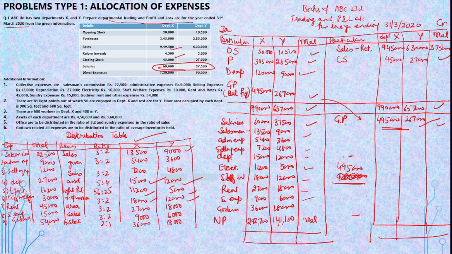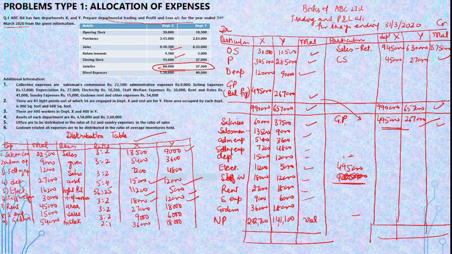What we are going to do is take up the same format as we know. The only thing is that the expenses which are common among the departments, we have to distribute them on some suitable basis. To know the basis, we don't need to learn all the tables. What we need to understand is the nature of the expense. That nature itself is the clue to the basis of distribution.